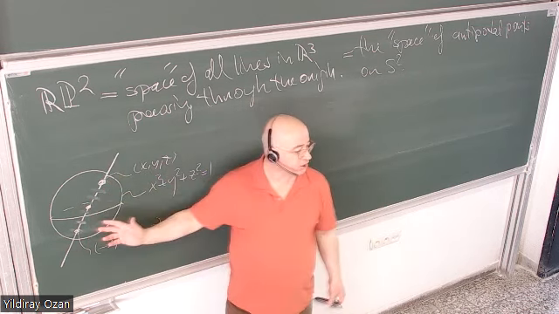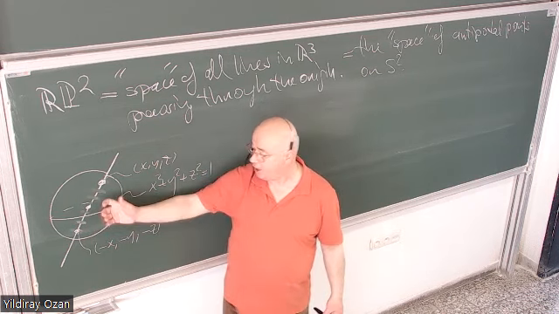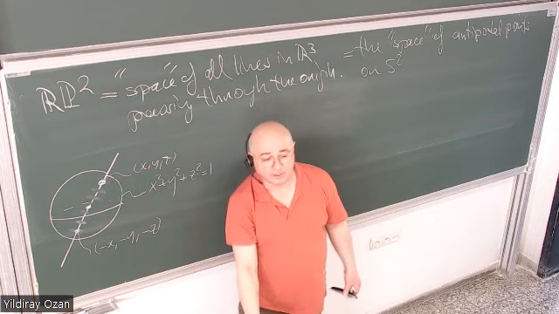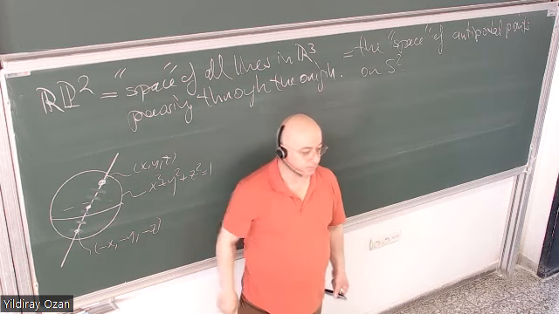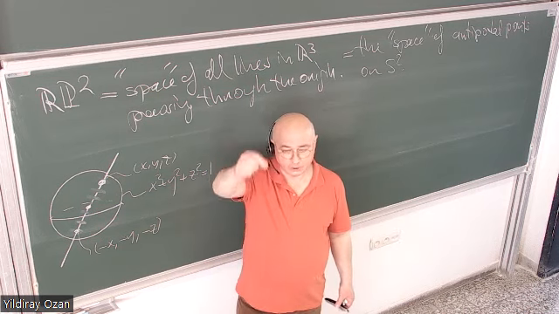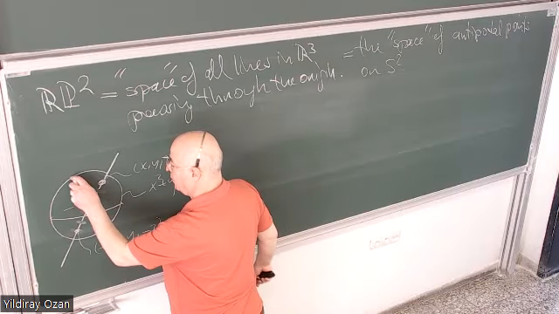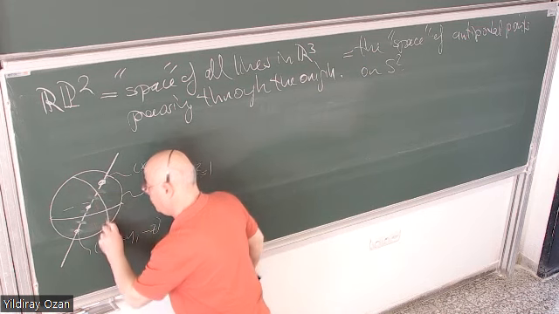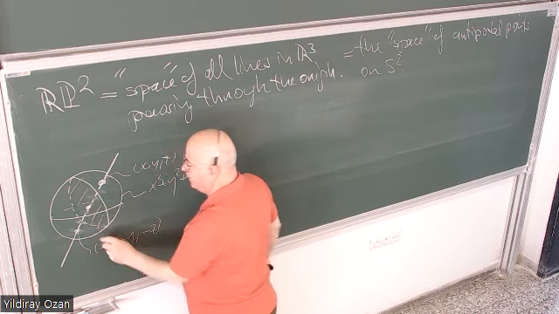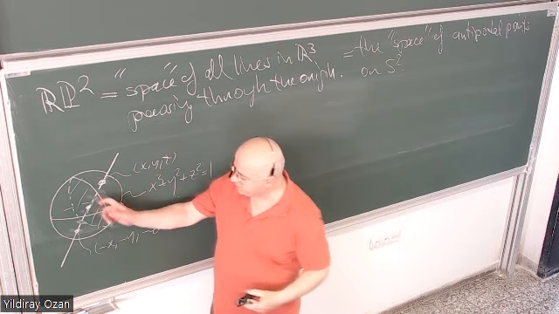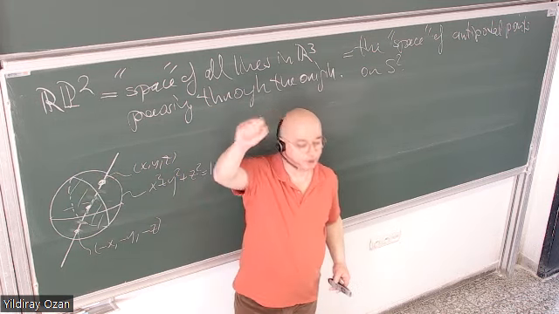If you just take a plane passing through the origin, it will cut this sphere along a meridional circle, right? So it will be something like this. This is the plane, and it will cut the sphere along a great circle.